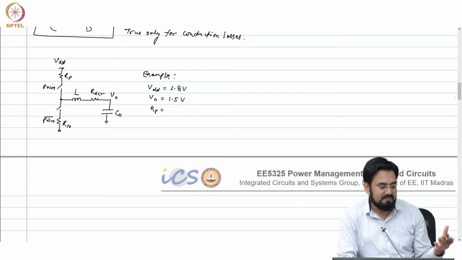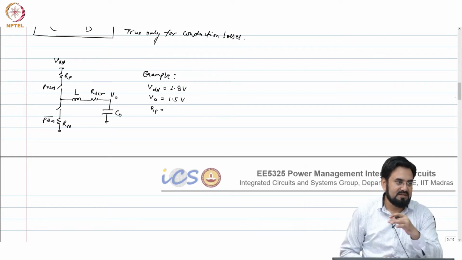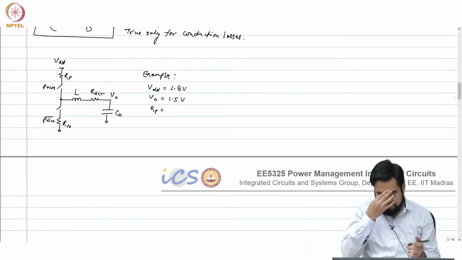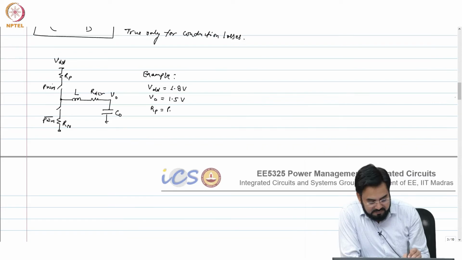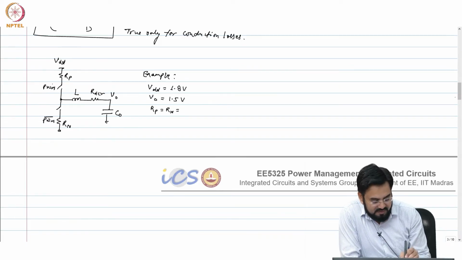So, the total loss will involve just the R resistance, because it is 1 minus D plus D, so D will cancel out. But if RP and RN are different, then you have to take the 1 minus D and D factor into account, because in that case your losses will change.